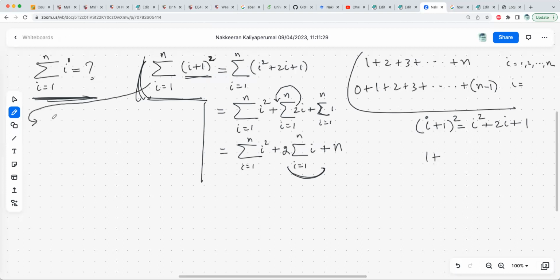Okay, so this side is summation i running from 1 to n of (i plus 1) whole squared.